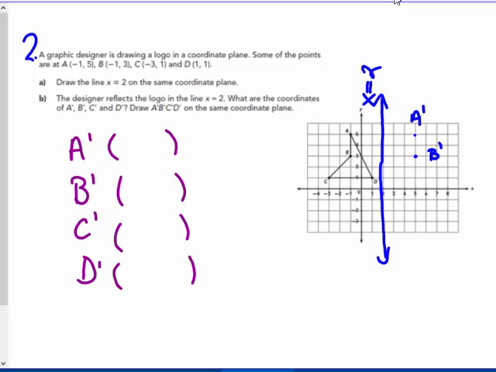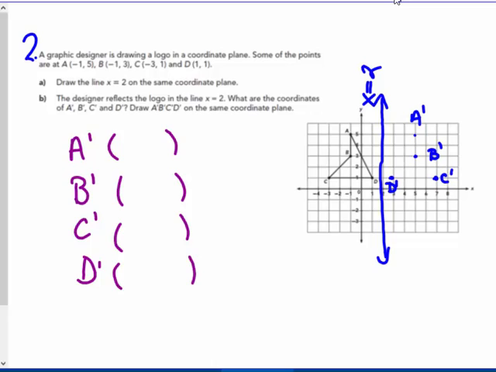B's image. C's image is 5 to the left of x equals 2, so I have to go 5 to the right of x equals 2, so that's going to put me at 7, 1. And D's image is only 1 left, so 1 to the right would be 3, 1.